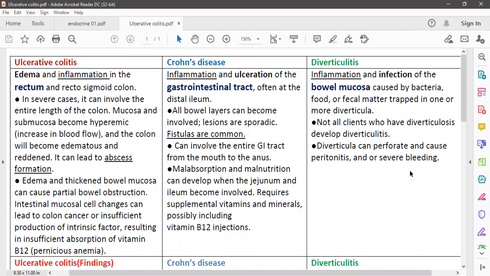So with peritonitis, sometimes the patient gets hospitalized. Okay, so I said now, diverticula perforation can even cause bleeding. So peritonitis is basically inflammation of the membrane lining of the abdominal wall or abdominal organ, whatever it is.